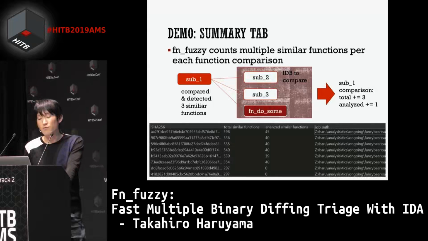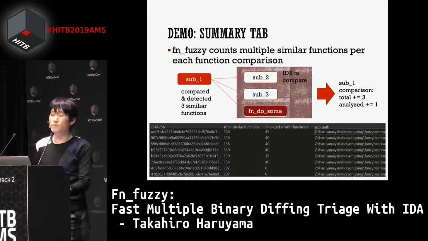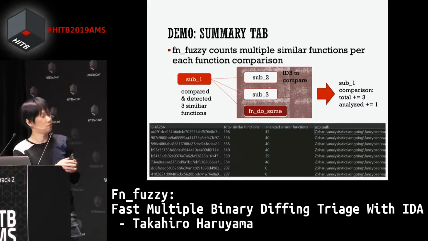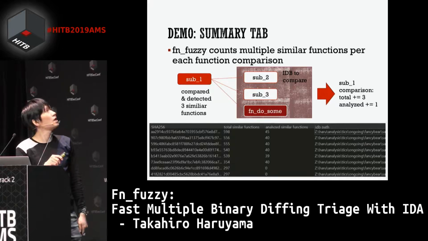By the way, FN Fuzzy counts multiple similar functions per each function comparison. For example, sub1 is compared and 3 similar functions are detected: sub2, sub3, fn2_sum. fn2_sum contains the prefix string, so it's analyzed.